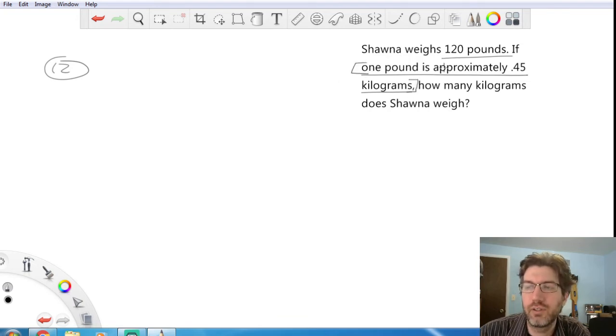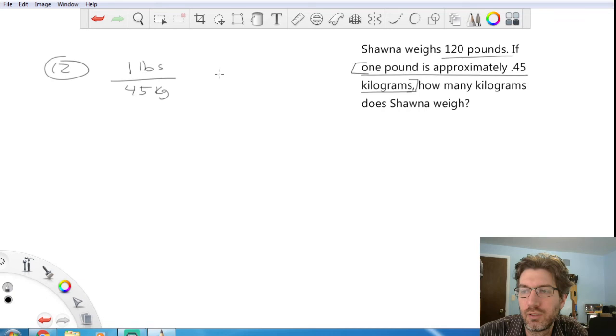So the wording of this is a little different because it gives you your original ratio here. So just reading it carefully, right? What is the ratio here? You have 1 pound for 45 kilograms.